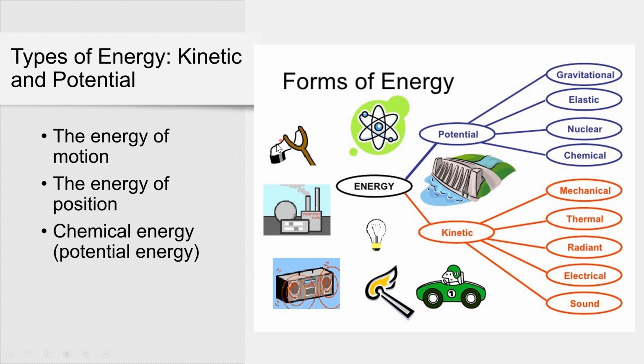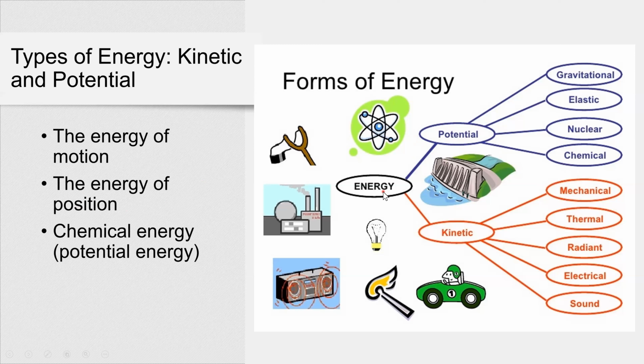Because when you stretch an elastic, you change a position, and we already said the energy of position is potential. Kinetic is when we have some type of movement: electrical, movement of electricity; radiant, movement of light; thermal, mechanical, sound.